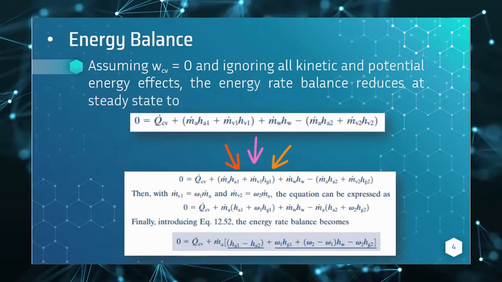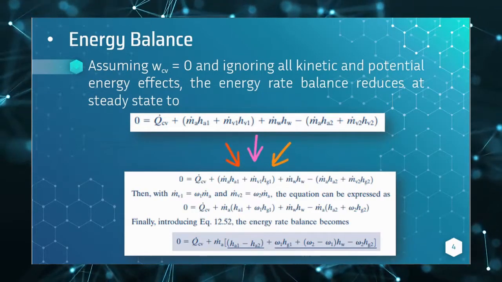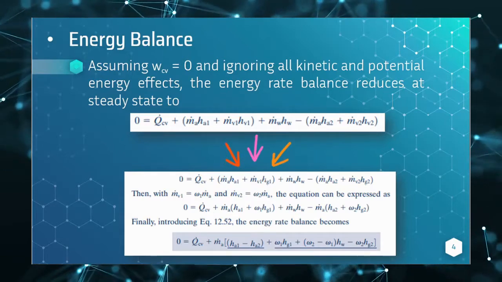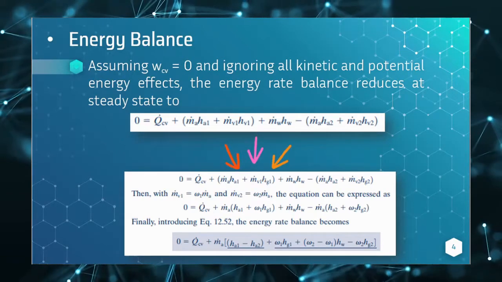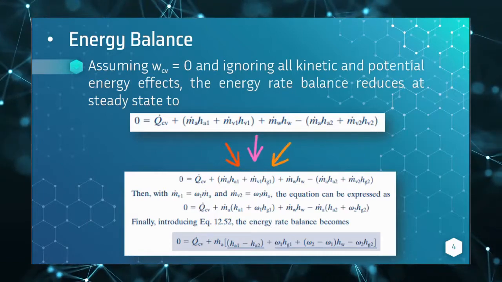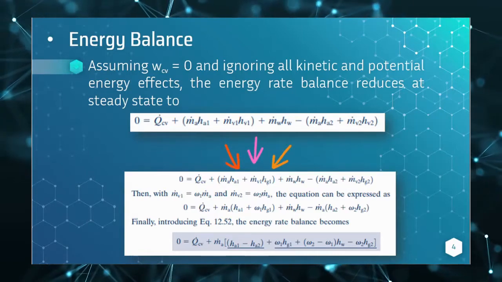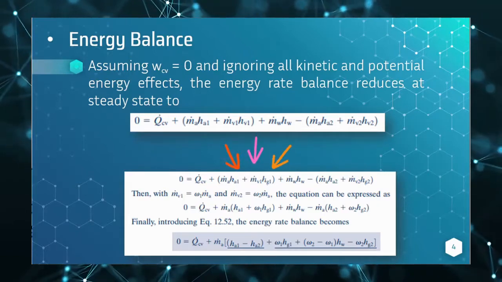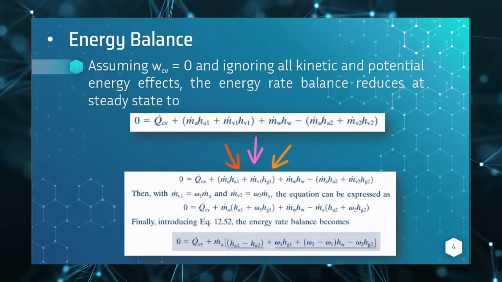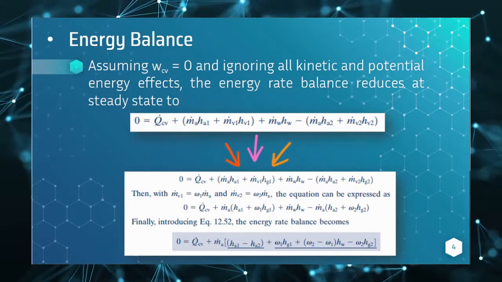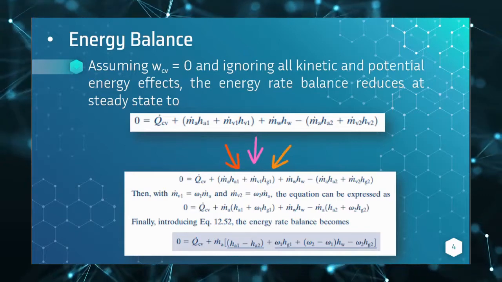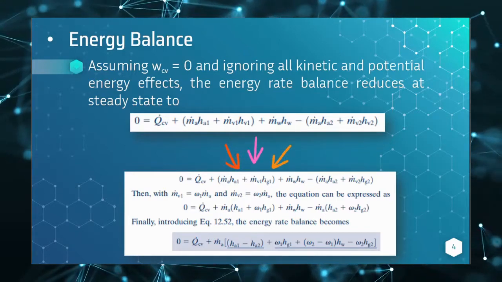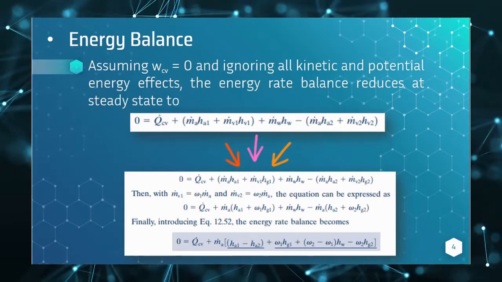For energy balance, assuming that W_CV is equal to 0 and ignoring all kinetic and potential energy effects, the energy rate balance reduces at steady state to the first equation here. As we can see in this equation, the entering and exiting moist air streams are regarded as ideal gas mixtures of dry air and water vapor. From this previous equation, it can be cast into a form that is particularly convenient for the analysis of air conditioning systems.